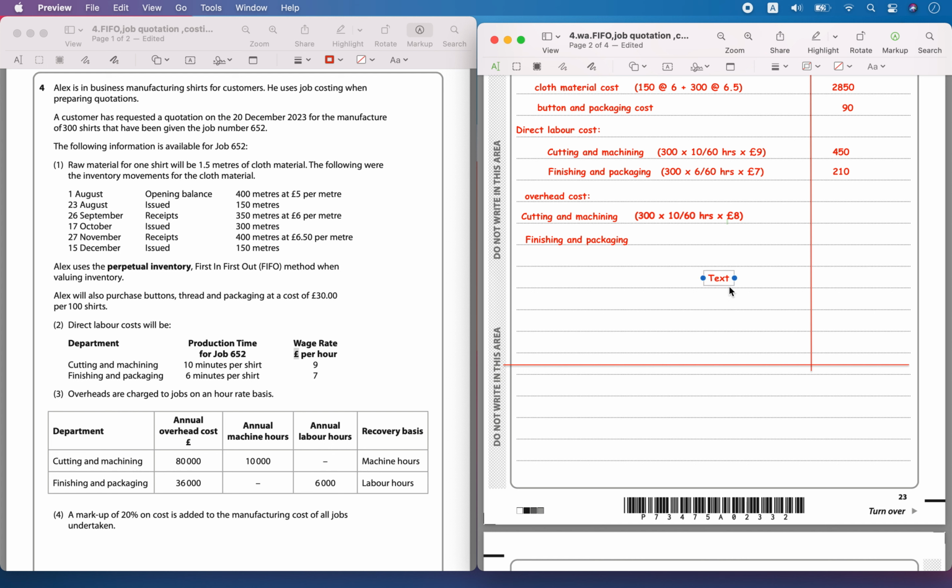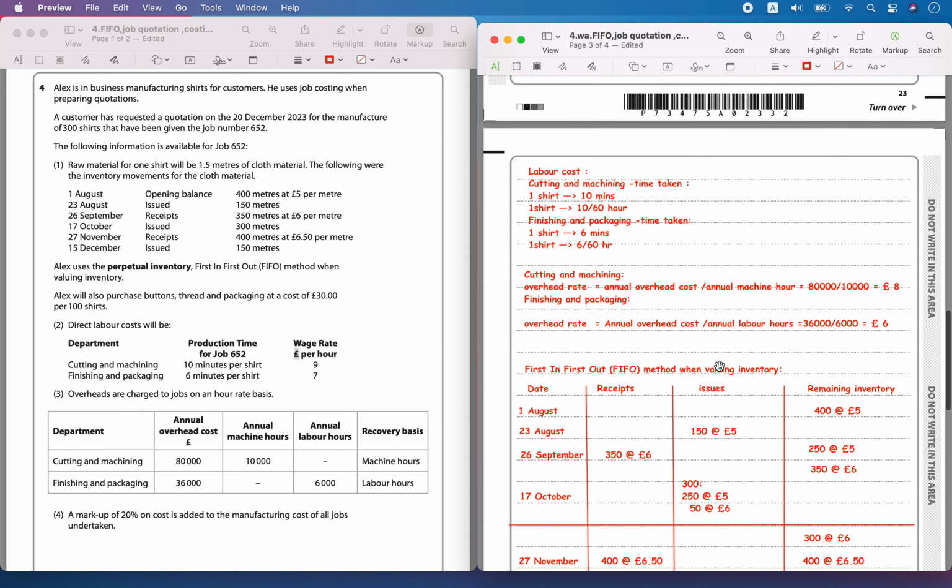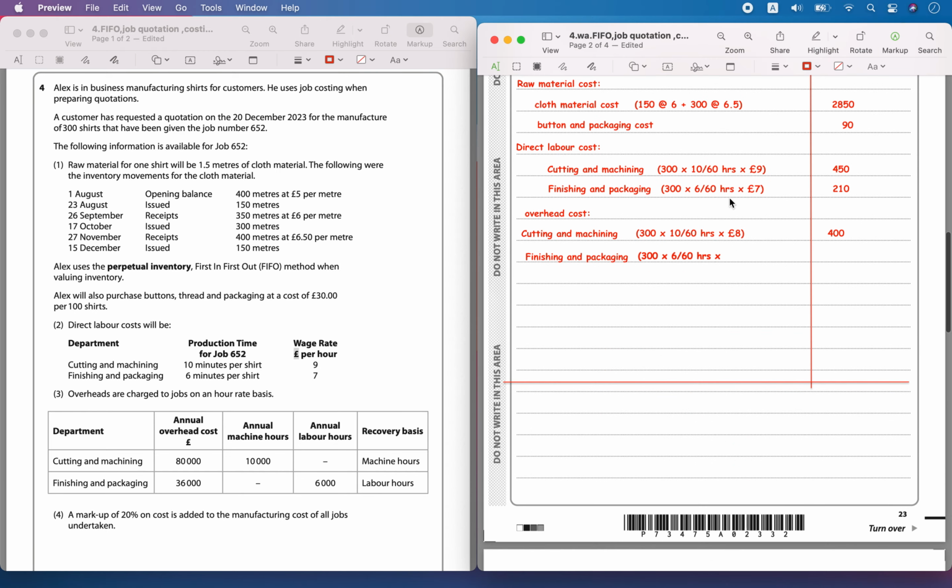So that is going to be equal to 400. Now for finishing and packaging, the total quantity I am going to prepare is 300 shirts times the time spent, 6 by 60 hours, and the rate I have calculated is £6 per hour. Let's multiply this and the value is going to be equal to 180.